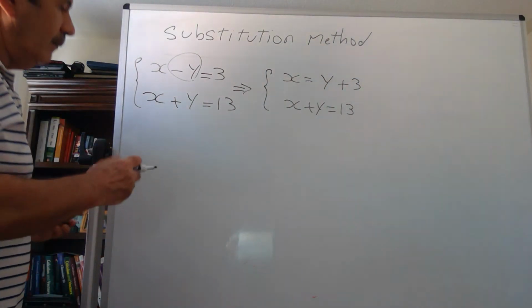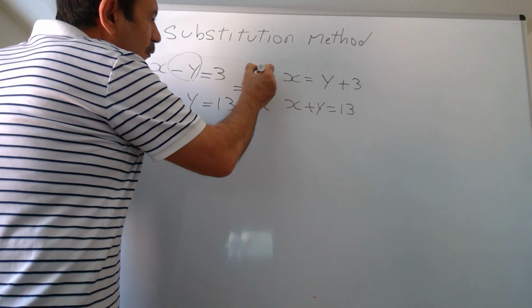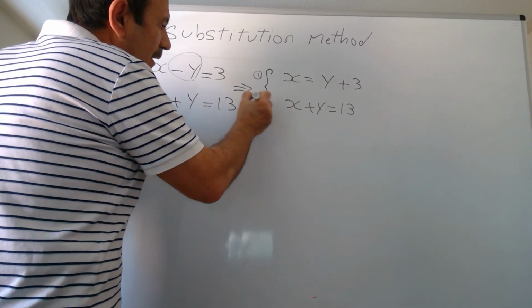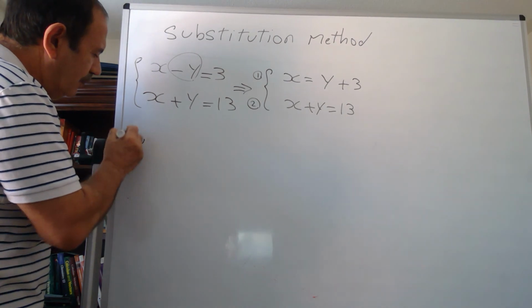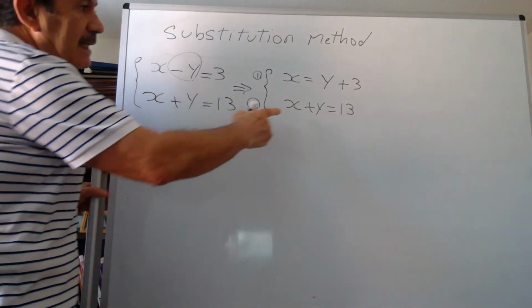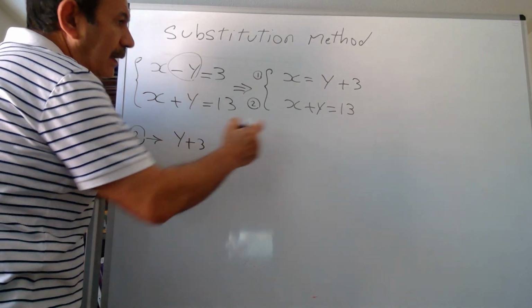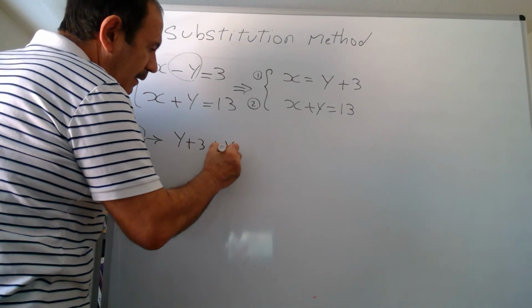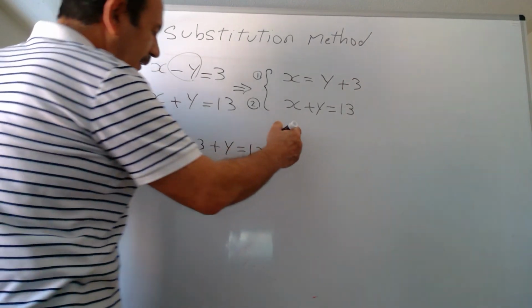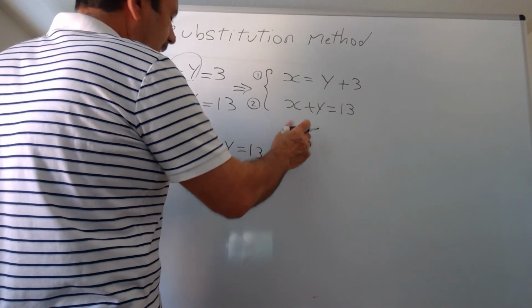Now, I write from here. If I name this one equation 1 and this one equation 2, then in equation 2, I substitute y plus 3 instead of x. So it's going to be y plus 3 plus y is equal 13. Let me write it down at the bottom to make it easier to understand.